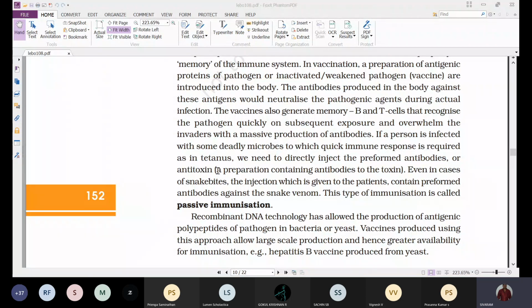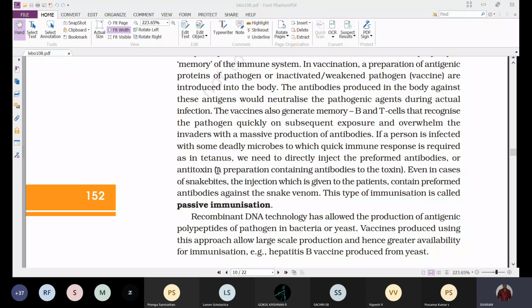That means quickly a huge number of antibodies are produced, and that will protect our body from infection. Protecting here means that before the occurrence of the disease condition, the organism is disabled.